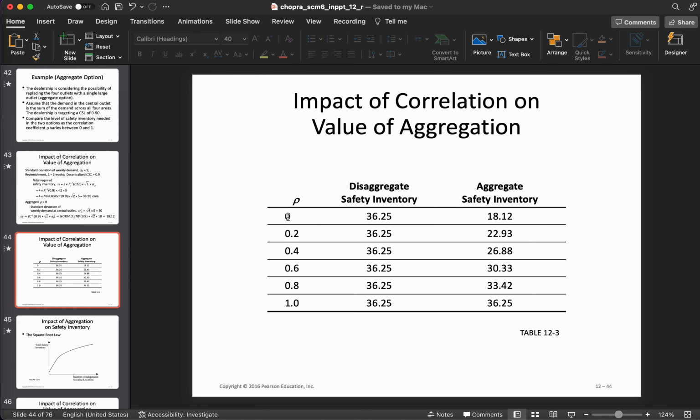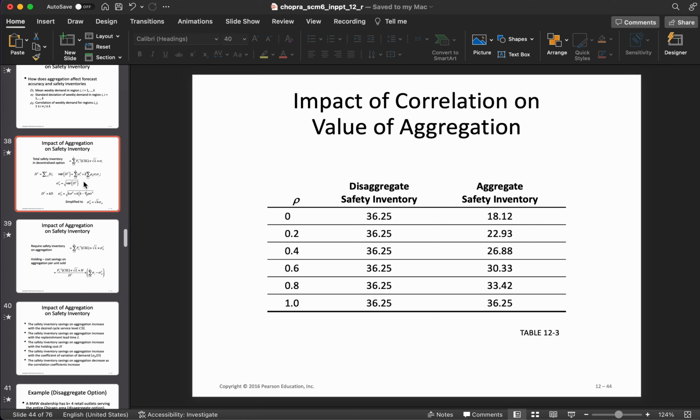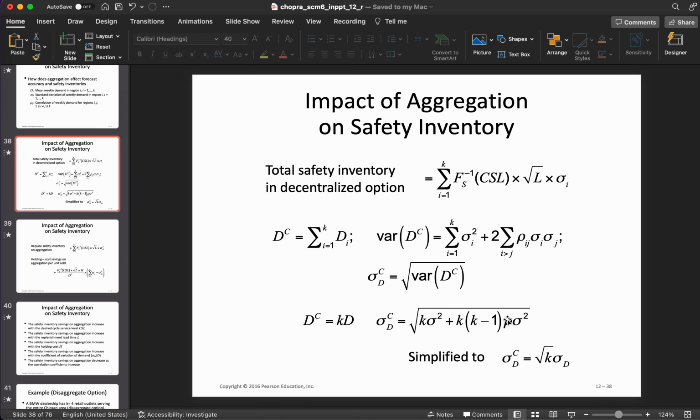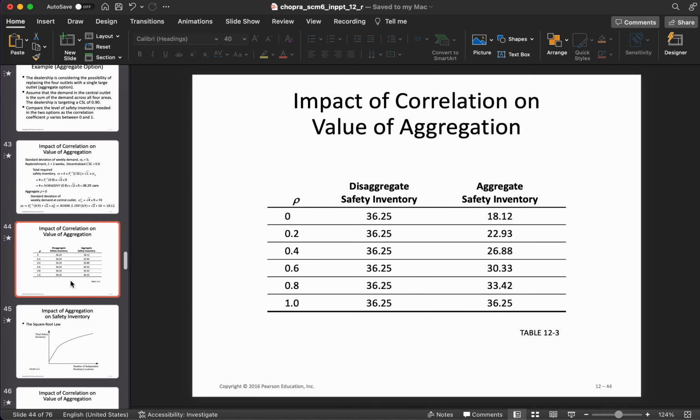And as you change the value of rho and apply this formula, you will notice that the amount of aggregate safety inventory that you hold will change. The separate inventory that you hold over the 4 places remains the same for the whole case.